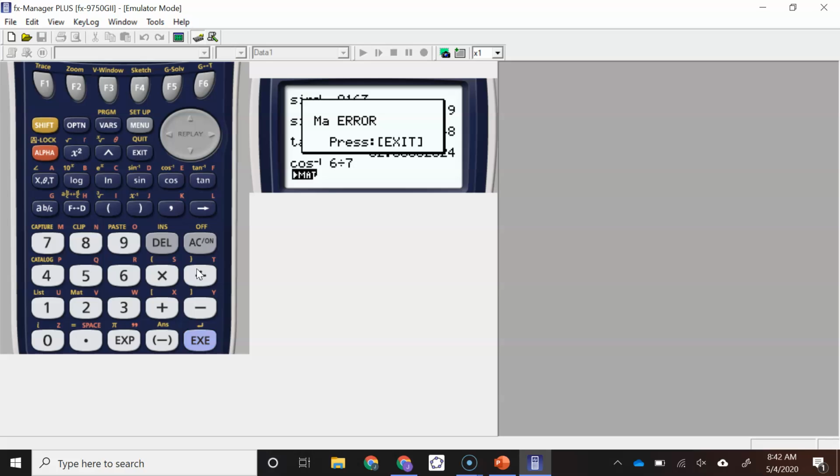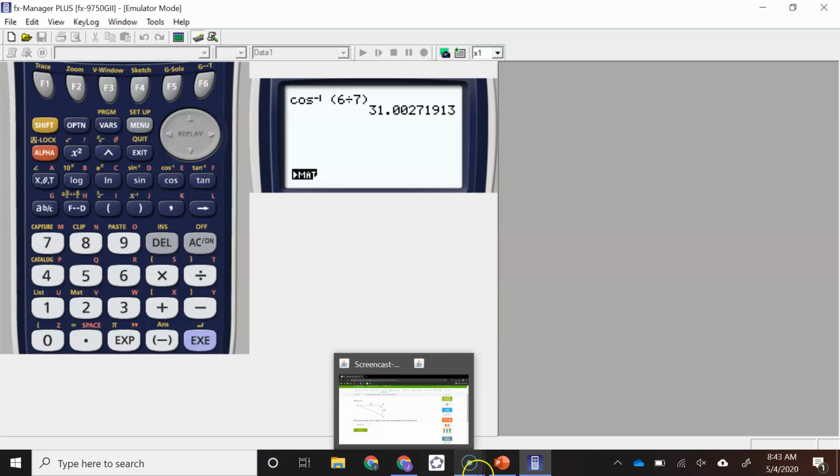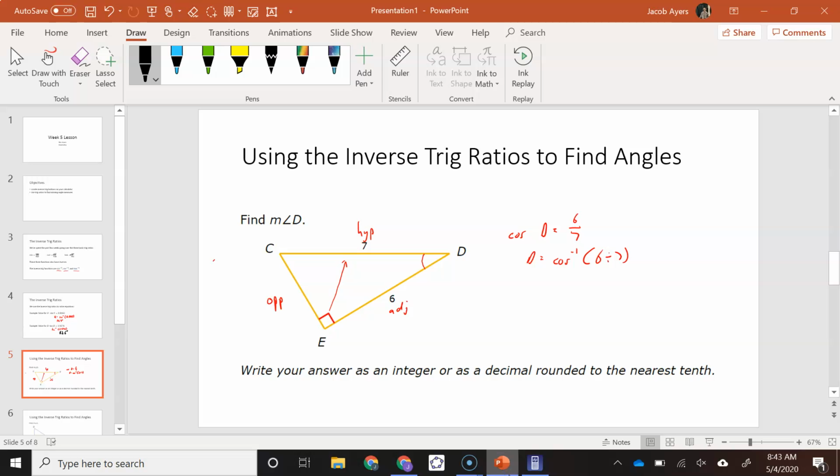Oh, error. My guess would be that I need parentheses. Let's try that. There we go. So 31 looks like would be the answer there if you're doing that in IXL. So this would be 31 degrees.